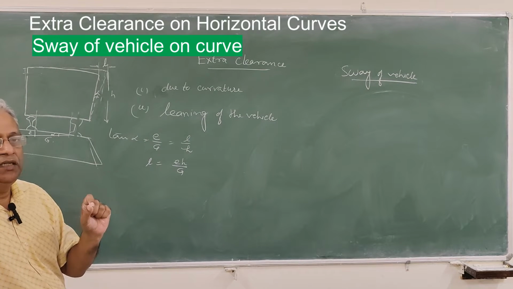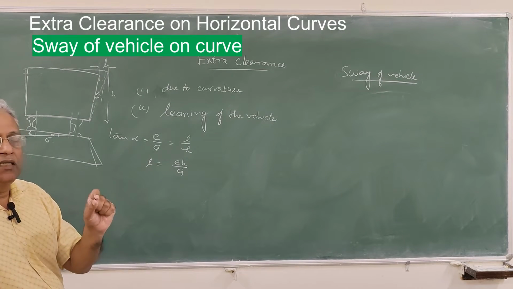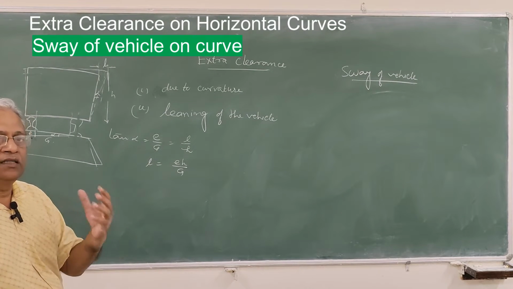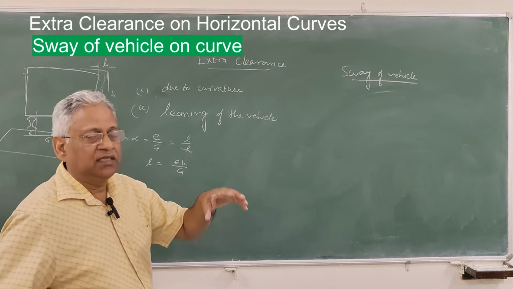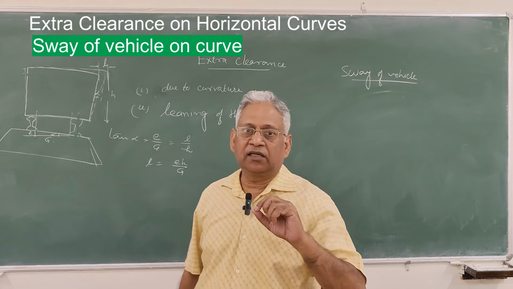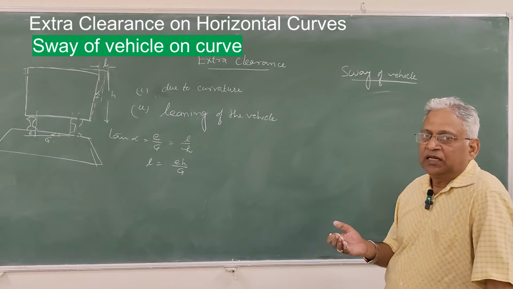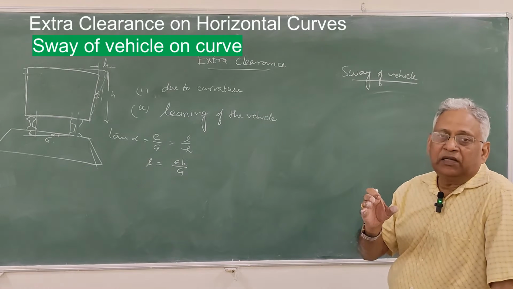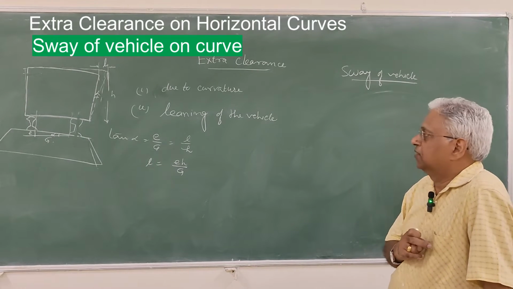But the actual speed is not equal to equilibrium speed, and therefore the actual speed is either larger or lesser than equilibrium speed. And therefore the cant provided is either in excess of what is required or it is deficient. That is the concept of cant deficiency or cant excess. This we have discussed in our earlier session.